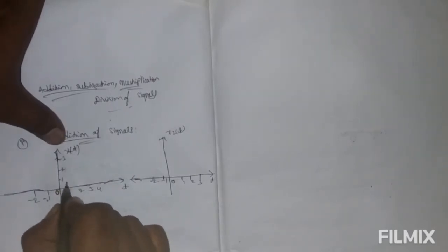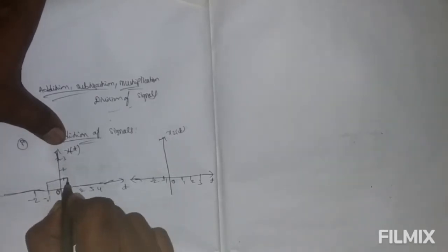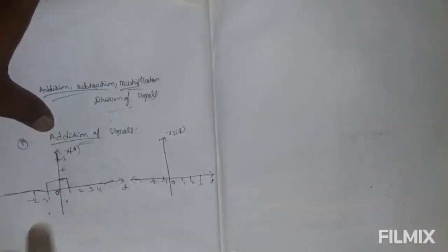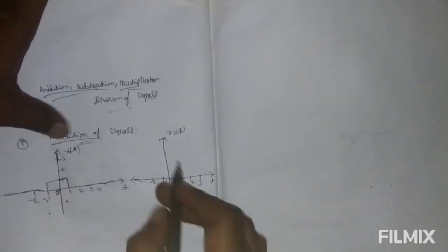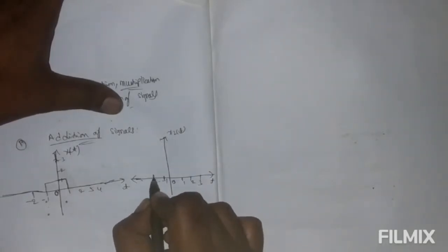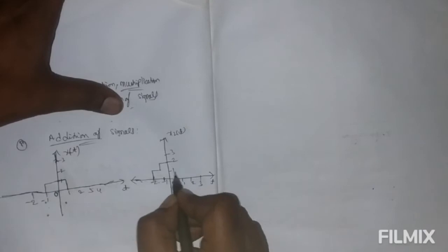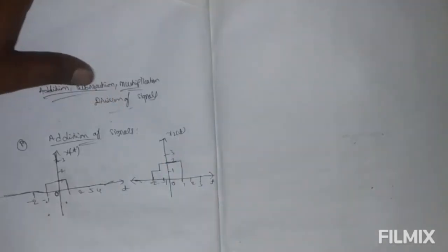This is the x1 of t signal and this is the x2 of t signal.